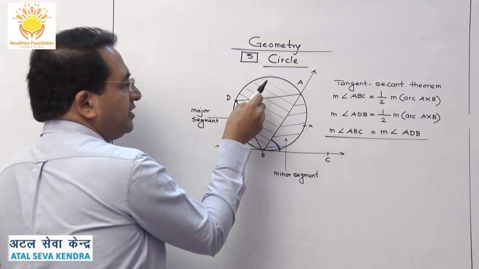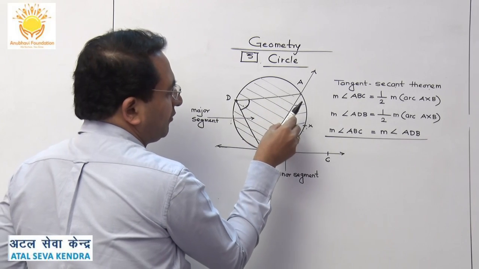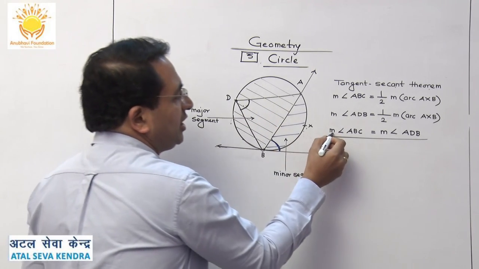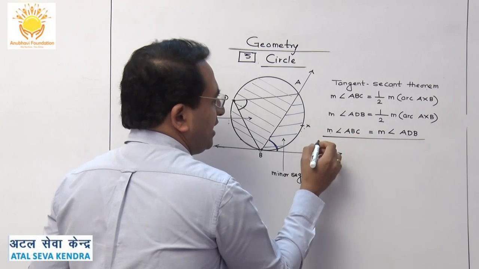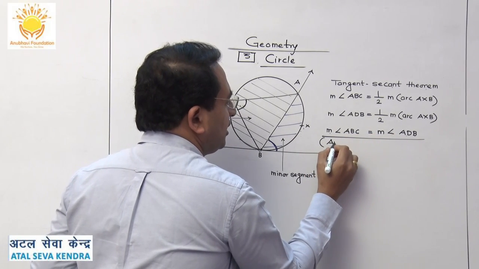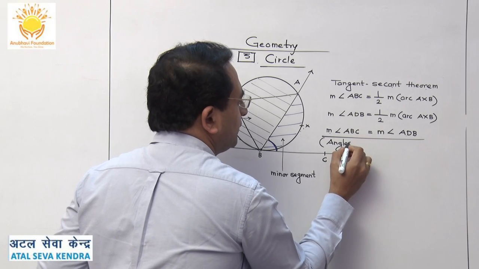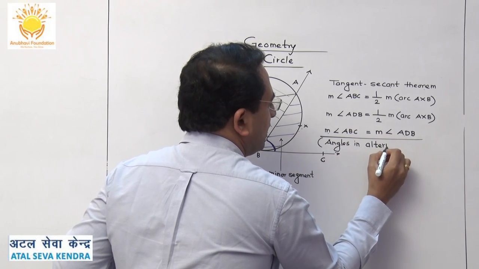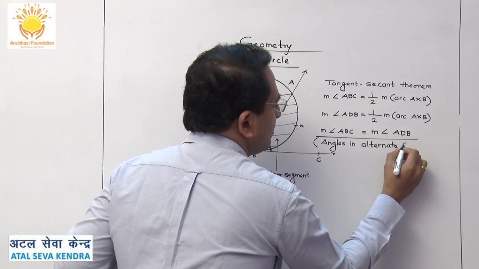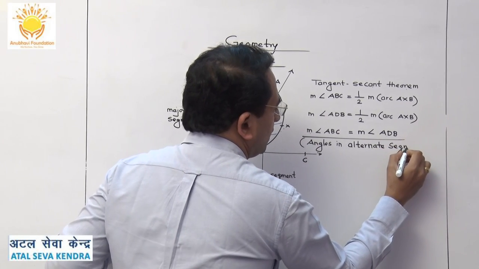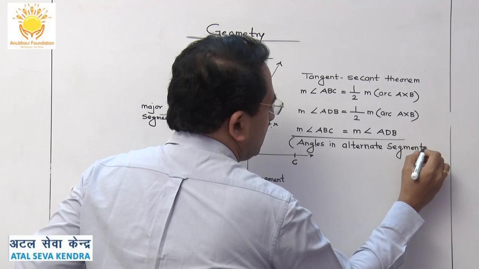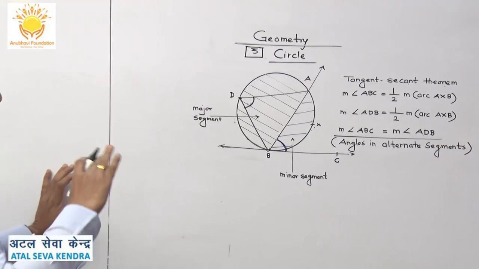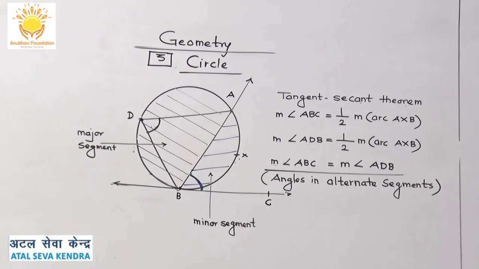And if you consider this as a major, then immediately after that minor will come. And that's why this result you can directly write in the exam, stating the reason: angles in alternate segments. What is this? Angles in alternate segments. I hope this is clear to you.